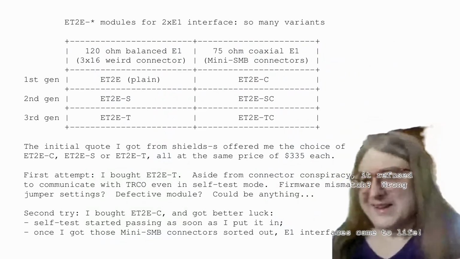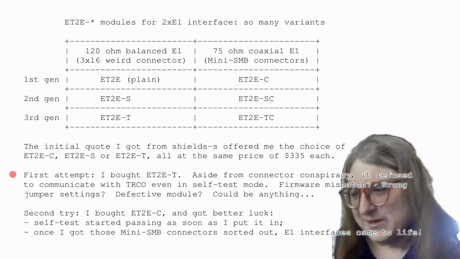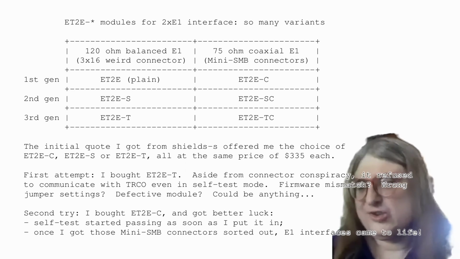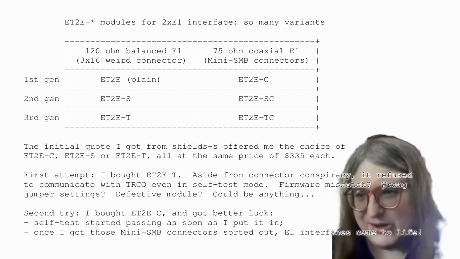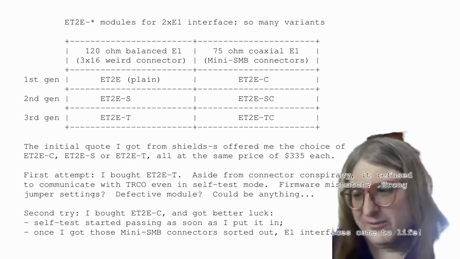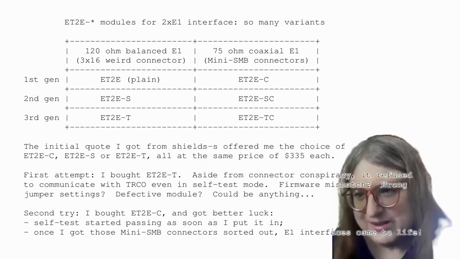So now the other part of the bring up story that was a real hair raiser was the bewildering multitude of exchange terminal modules. So all the ones that you see on this slide, these are the E1 versions. There's also the T1 version, but I'm not as familiar with those.